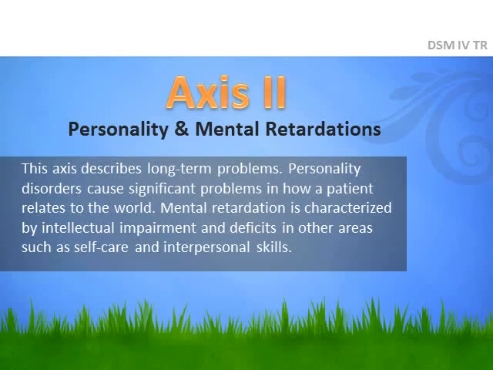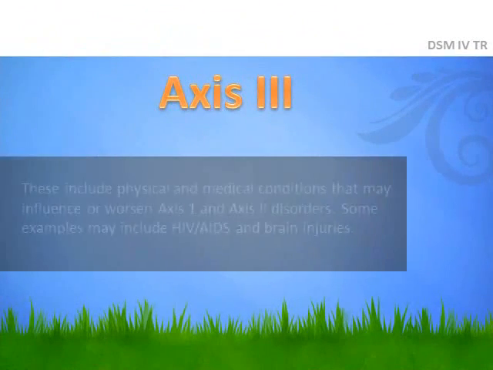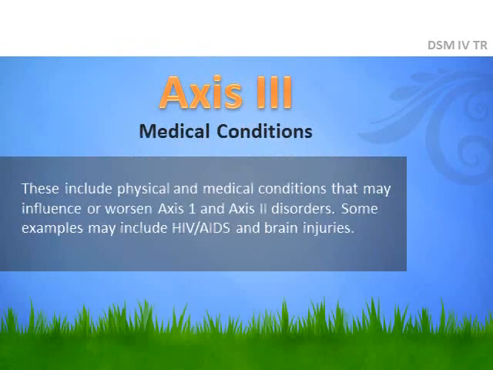It's an important segment of the book that focuses primarily on long-term problems that tend to affect negatively other areas of the patient's life, such as self-care and interpersonal skills. Personality and mental retardation was axis 2, and axis 3, medical conditions.